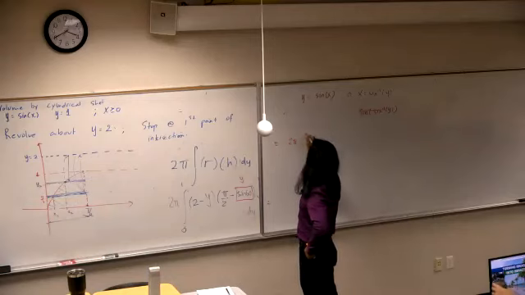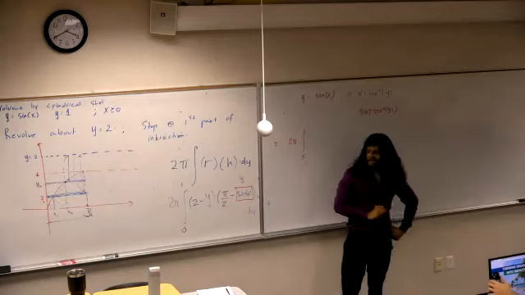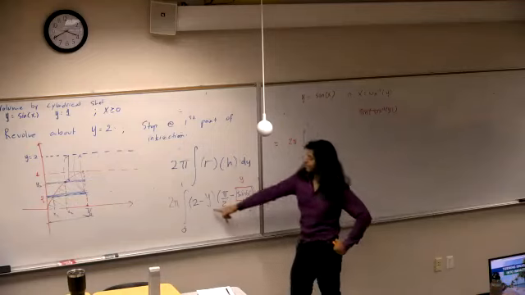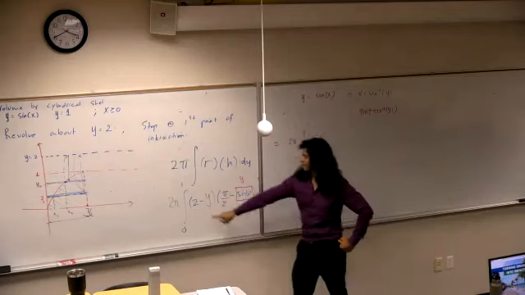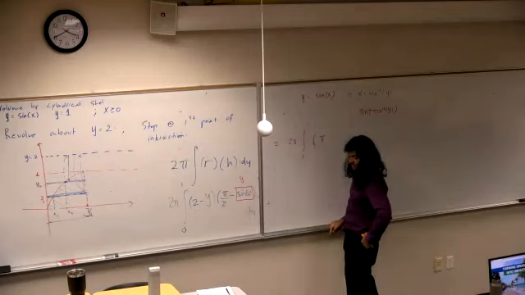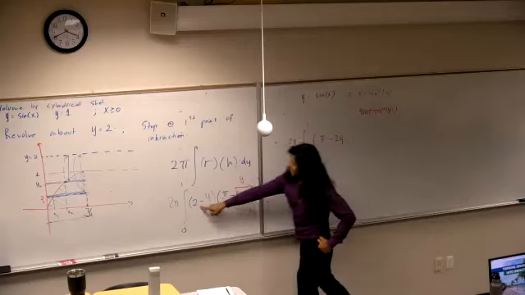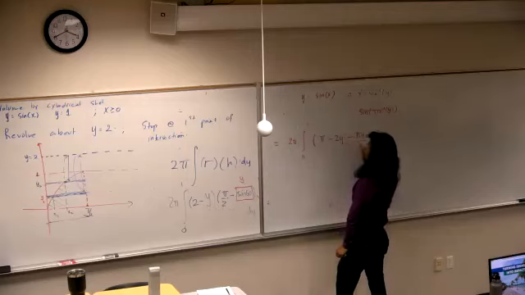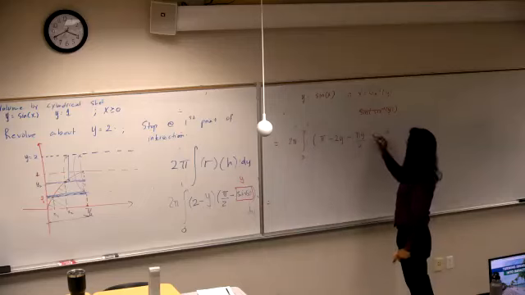2 pi, 0 to 1. The only way to integrate this time is to FOIL and integrate. 2 times pi over 2 is pi. 2 times y, with the negative, minus y times pi over 2, minus pi y over 2, minus y times minus y plus 1.